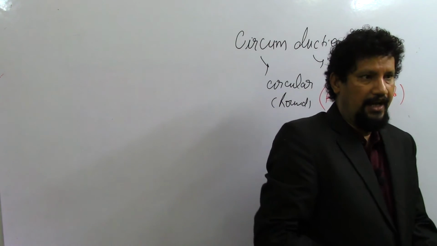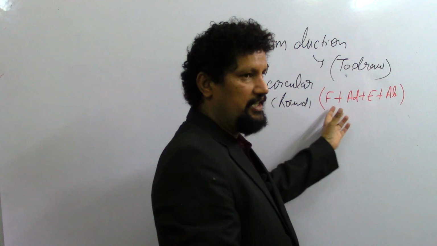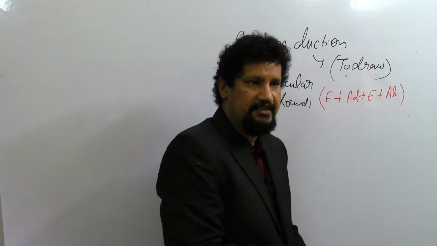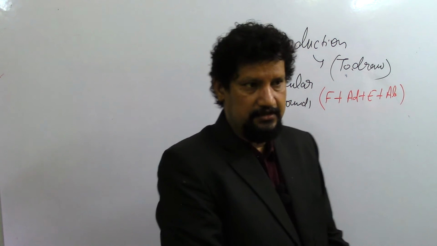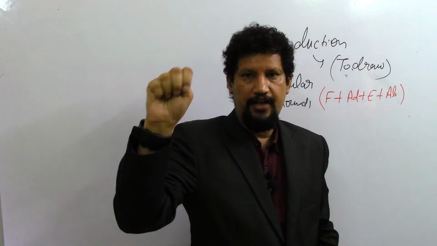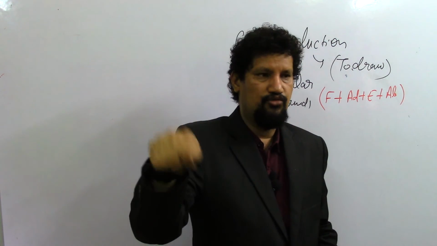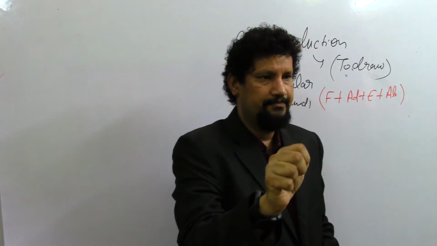This type of movement takes place on multi-axial or polyaxial joints like the ankle joint, hip joint, wrist joint, where the four movements are taking place like this.